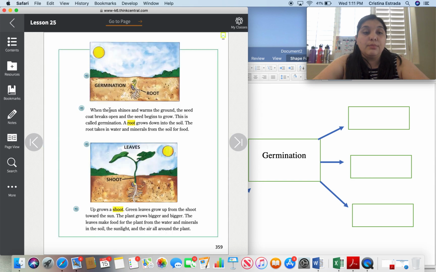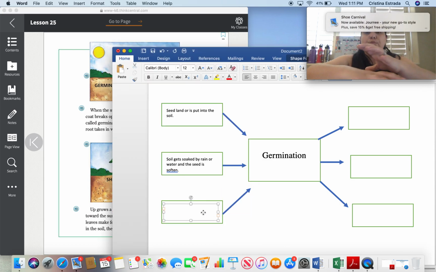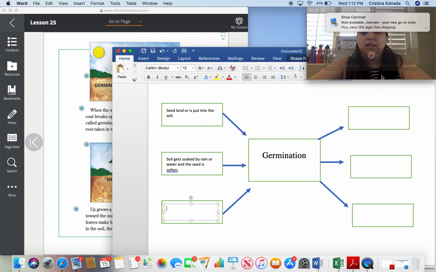And here I remember that when the sun shines warm on the ground, the seed coat breaks open. So when the seed coat breaks open, that is what causes the germination.